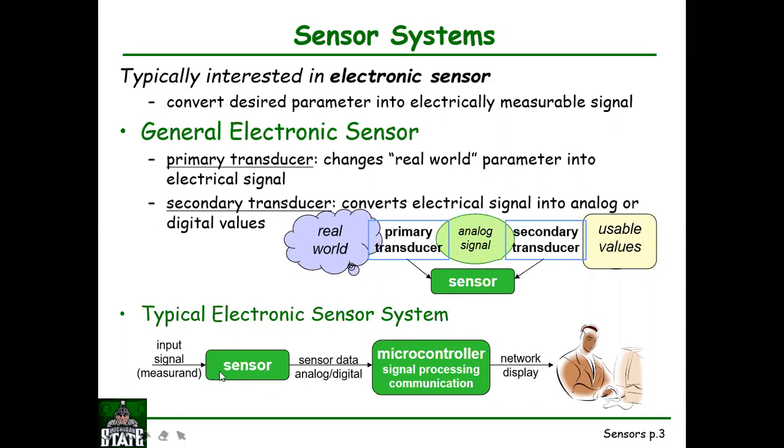What it shows is that your sensor will take some input or parameter, and then it will convert it into your sensor data, an analog or digital signal, and that signal will be the input of your microcontroller, and then the microcontroller will give your output to your computer or some display unit.